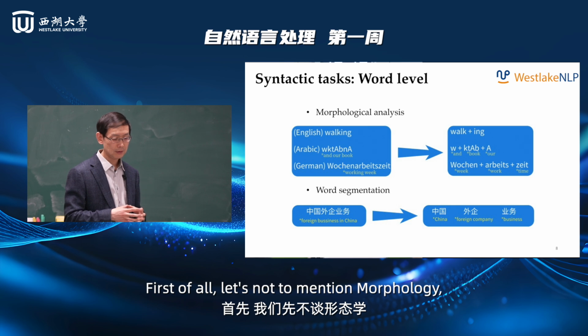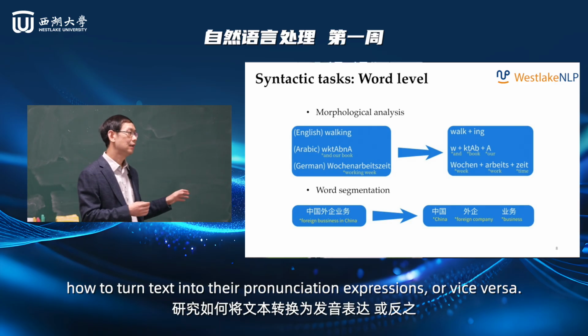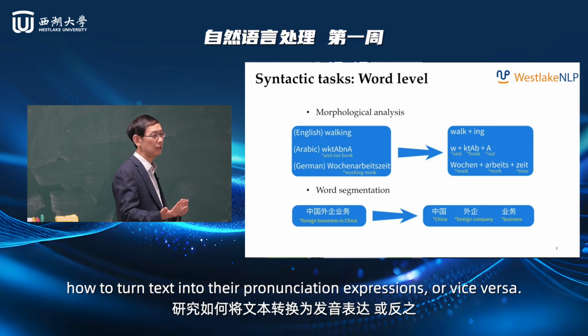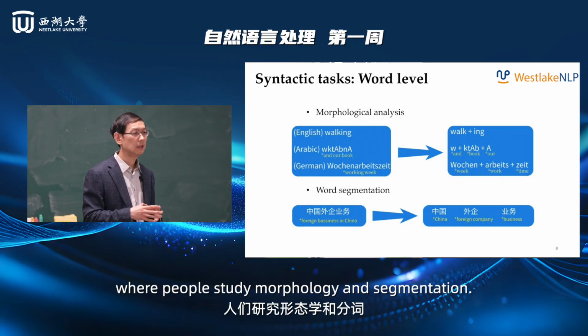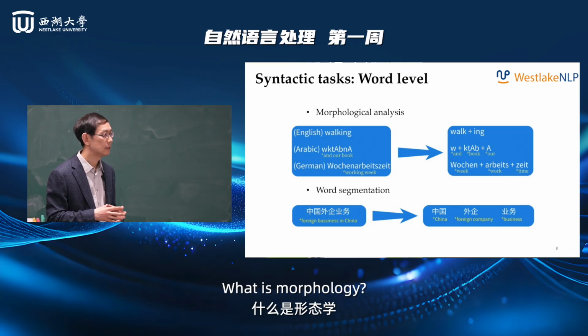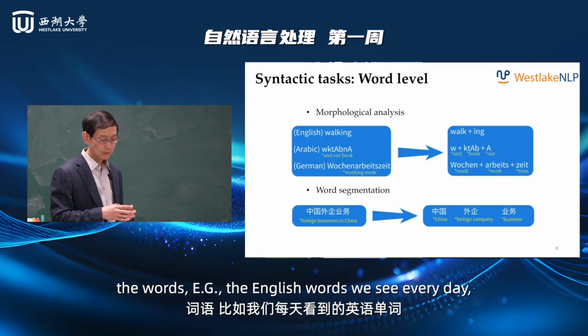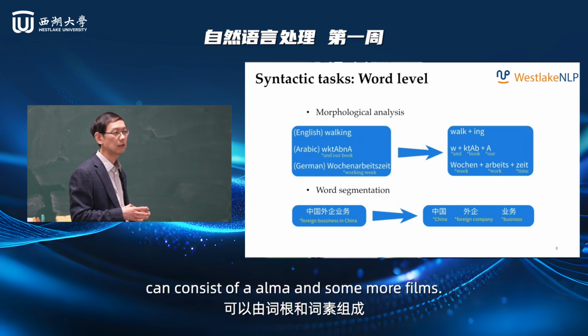All right, first of all, okay, let's not mention phonology, which studies the pronunciation, how to turn text into their pronunciation expressions, or vice versa, okay? But on the word level, people study morphology and segmentation. So what is morphology? So the words, for example, the English words we see every day, okay, can consist of a lemma and some morphemes that are composed.